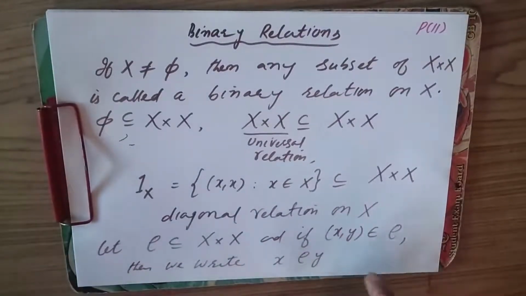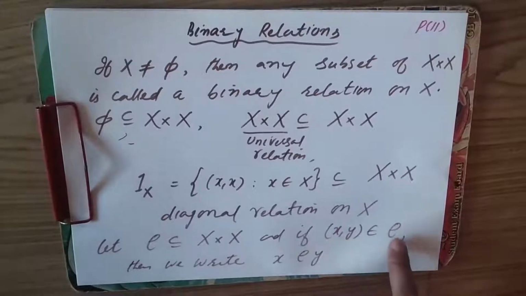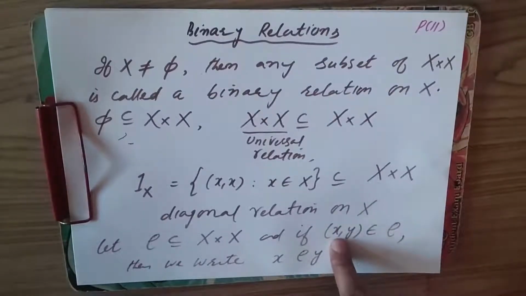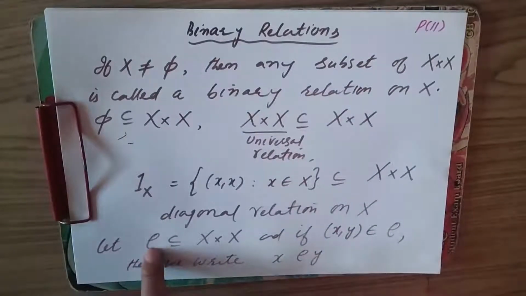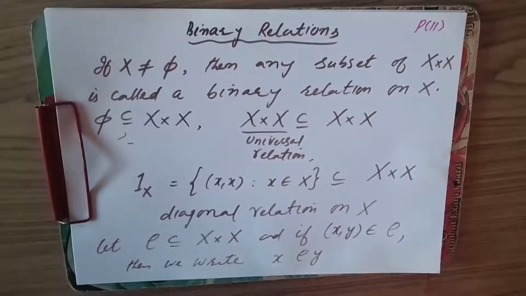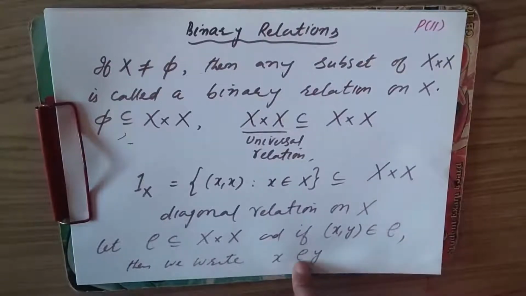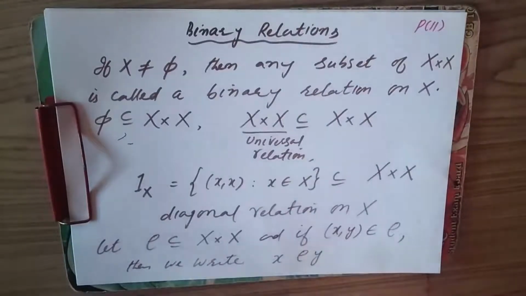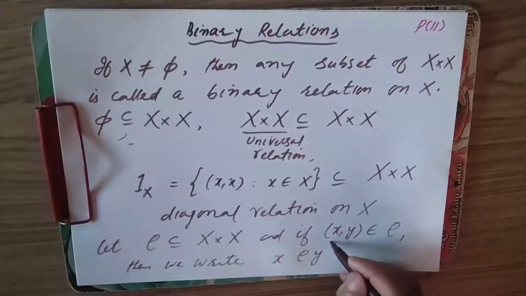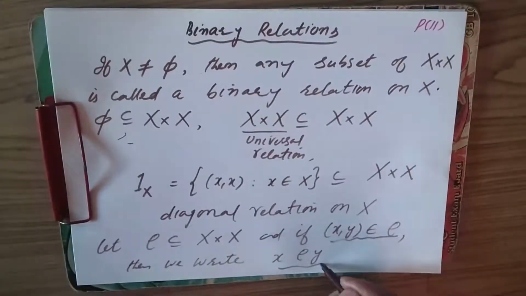So that's the notation. Whenever (x, y) belongs to rho, x and y are related to each other under this relation rho, because rho is a relation on X. So we don't use the set notation, we use this notation.